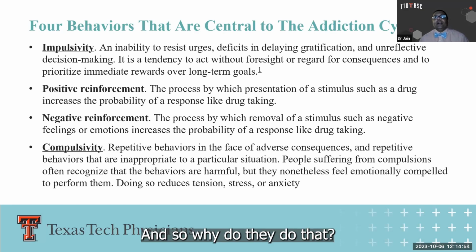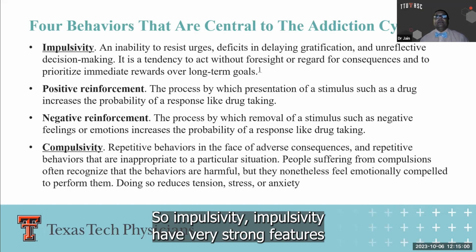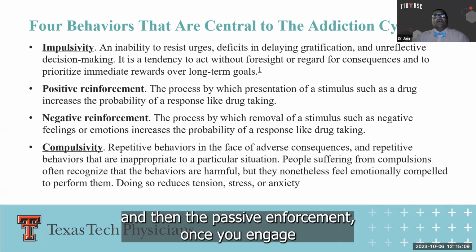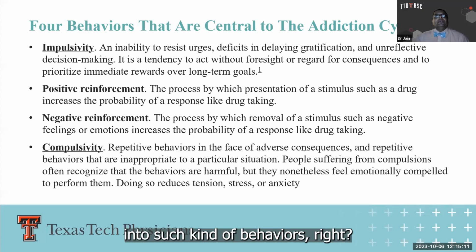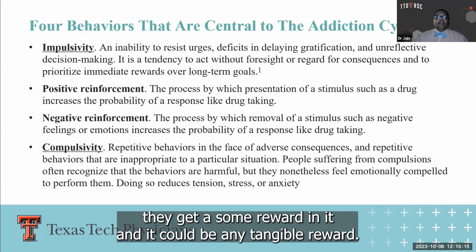And so why do they do that? They do that to neutralize stress, tension, and anxiety. So impulsivity and compulsivity are very strong features that are ingrained in the neurobiology of the addiction cycle. And then positive reinforcement: once you engage in such behaviors, they get some reward from it, and it could be any tangential reward.